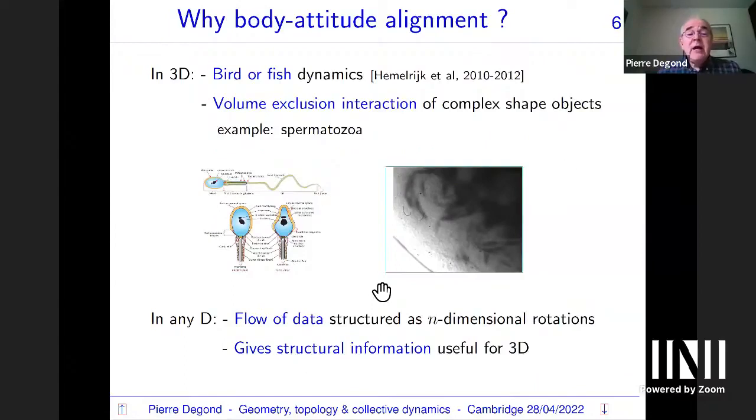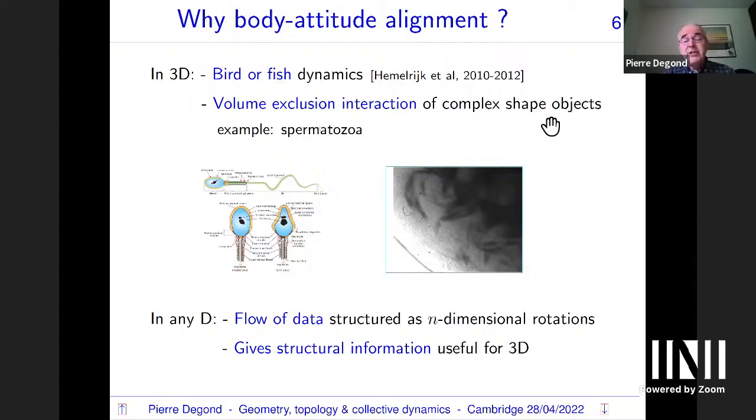So a little bit of background of this body attitude, why be interested in this at all. There are several reasons. In fact, if you stick to 3D, then it's quite an interesting model for bird or fish dynamics. Actually, a similar model, not exactly the same, was used by Hemelrijk, who's a biologist, for birds.